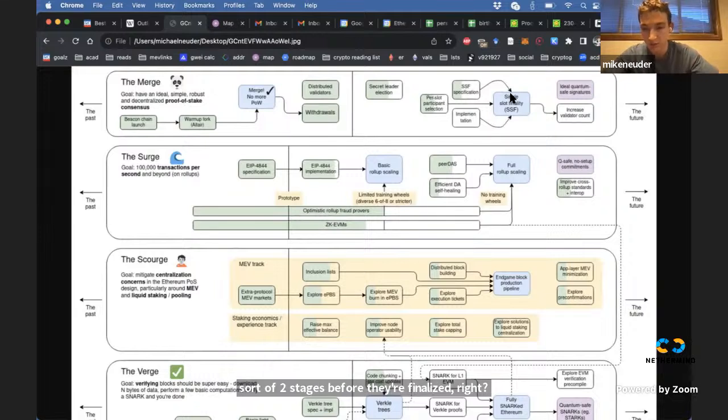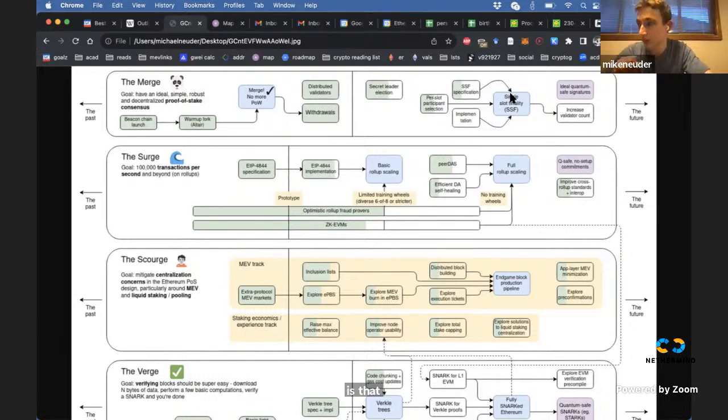Once the block is produced, it doesn't have the same economic guarantees that it will have when it gets finalized. When the block is produced, some attestations are cast by different validators who see that block as the head of the chain, but not until the block has been justified and finalized does it have the full economic security of the entire Ethereum validator set behind it, right?